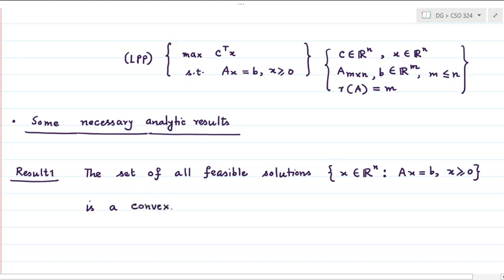So we can talk about vertices of this feasible set. Fine. And the proof of it is very simple. Last day we have already shown how to prove it, and let me now skip the proof and directly go to the next result.